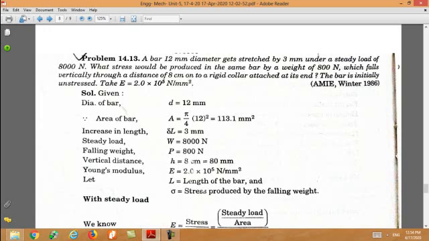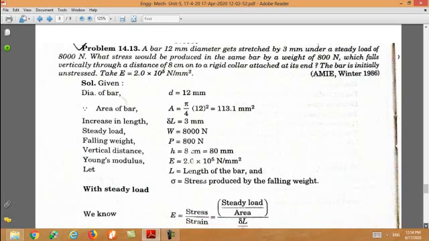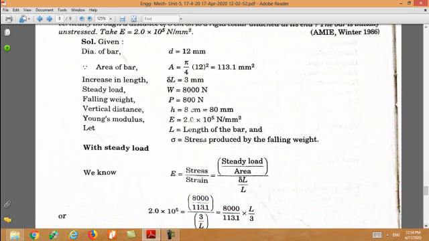The bar is initially unstressed. Take modulus of elasticity as 2 into 10 to the power 5 Newton per millimeter square. So this question is something different. Steady load is given, and falling weight is another case.